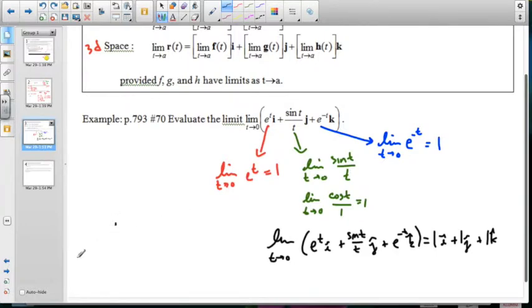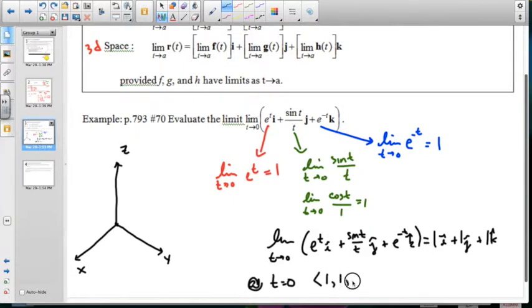Well, if we draw our three-dimensional graph here, there's our positive x, there's our positive y, there's our positive z, and at time t equals 0, this vector is approaching a value of 1, 1, 1.